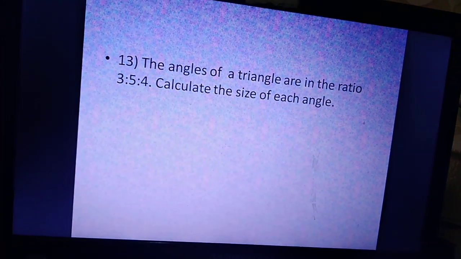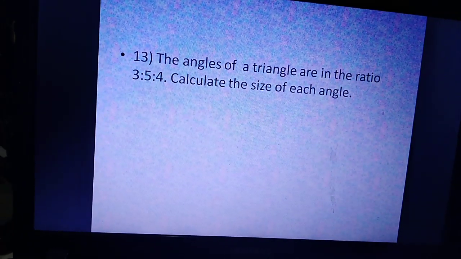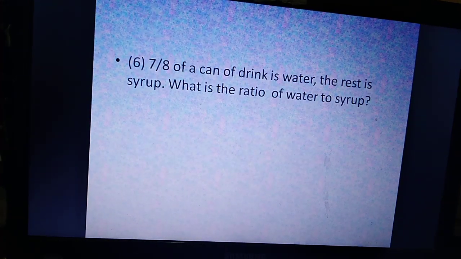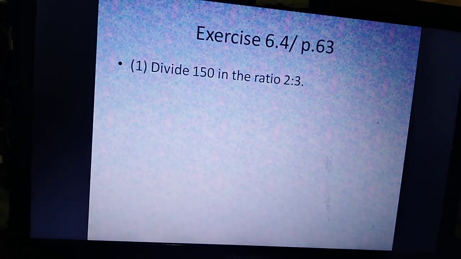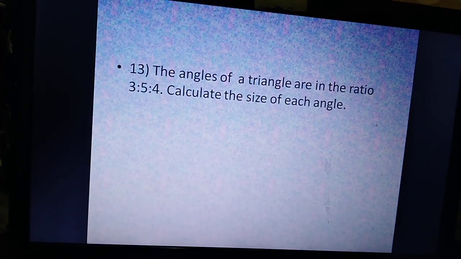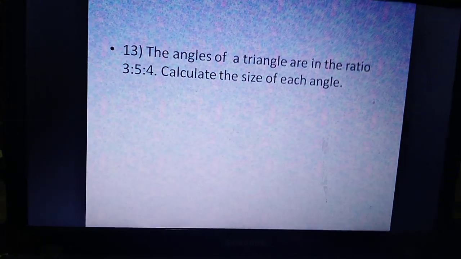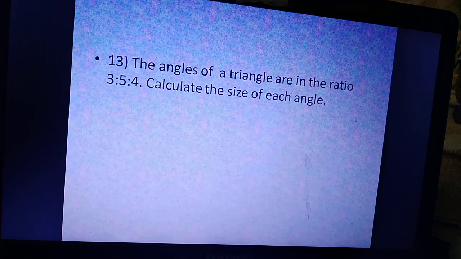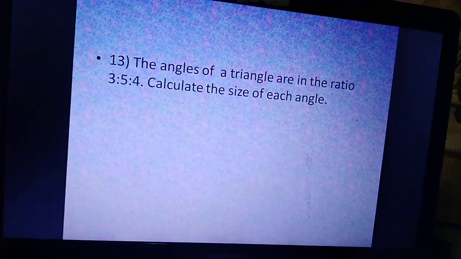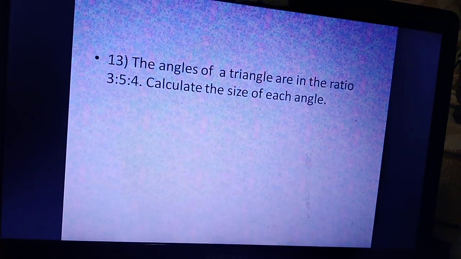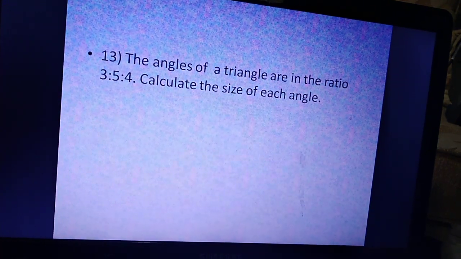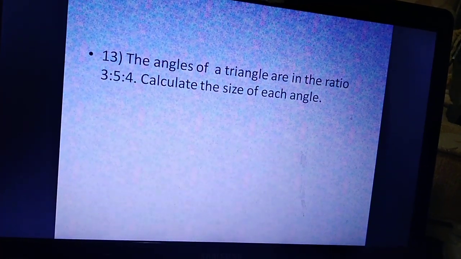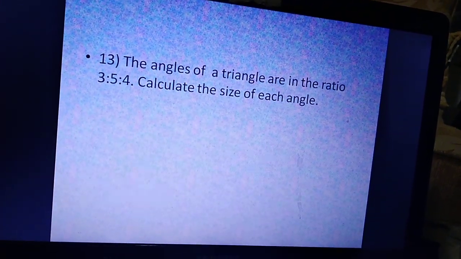We have question 13. Let's remember this is from exercise 6.4. Question 13 talks about a triangle which has 3 angles in the ratio 3 to 5 to 4. To calculate the size of each angle, you need to do exactly what we did in question 12, but I'm going to give you a hint.